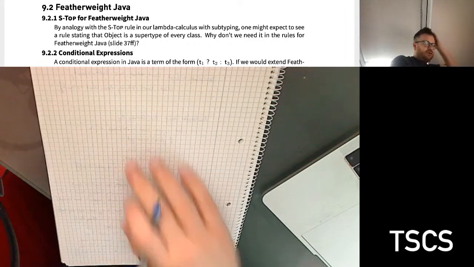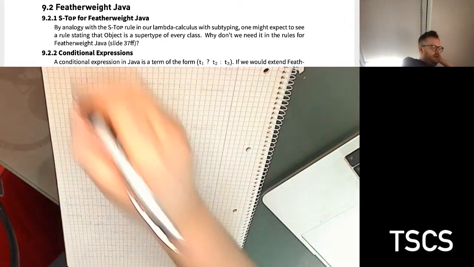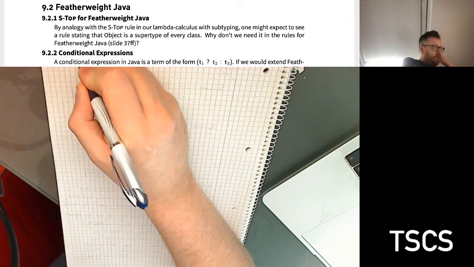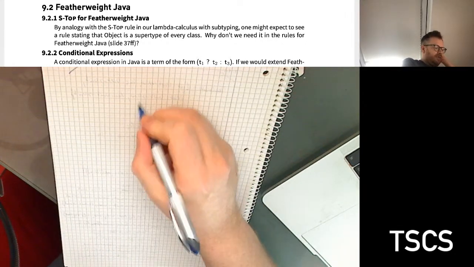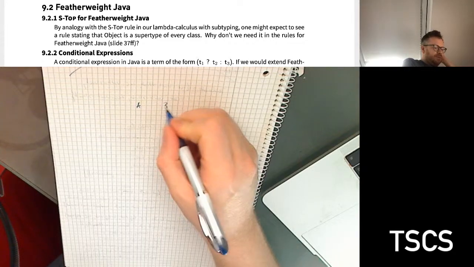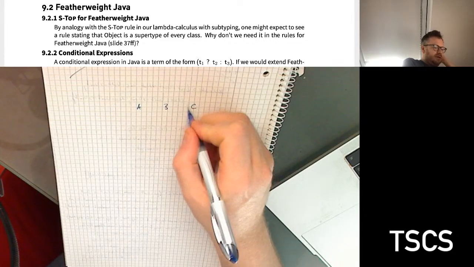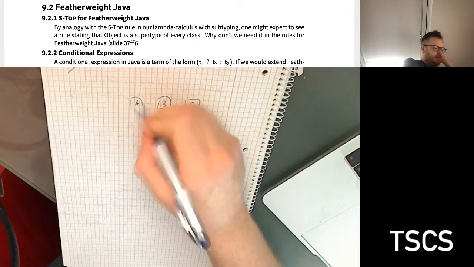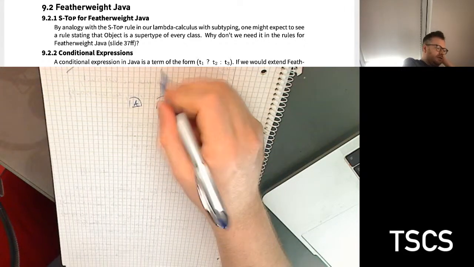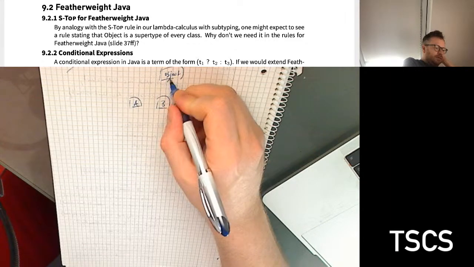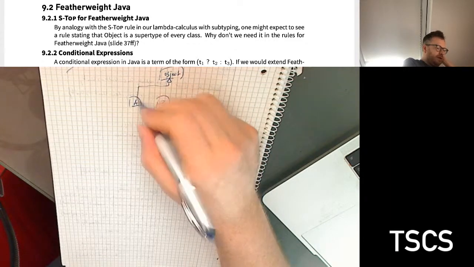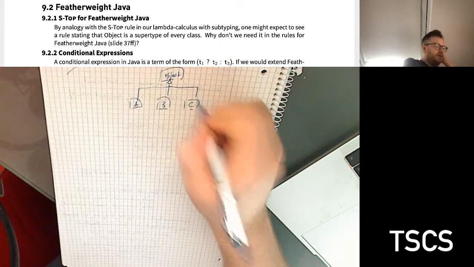And if you just visualize that a little bit, let's say we have a class A, a class B, and a class C. This is some kind of pseudo UML, or it is actually UML.